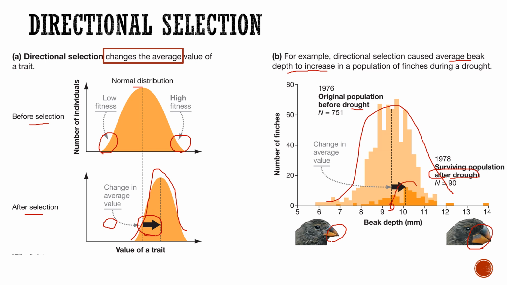So our bell curve is still there, but now it's shifted over to the right. So it went from about 9.5 to a little over 10 millimeters. So that indicated, again, a directional selection. We still have the average in the middle, but again, we've just moved it to the right or to the left.